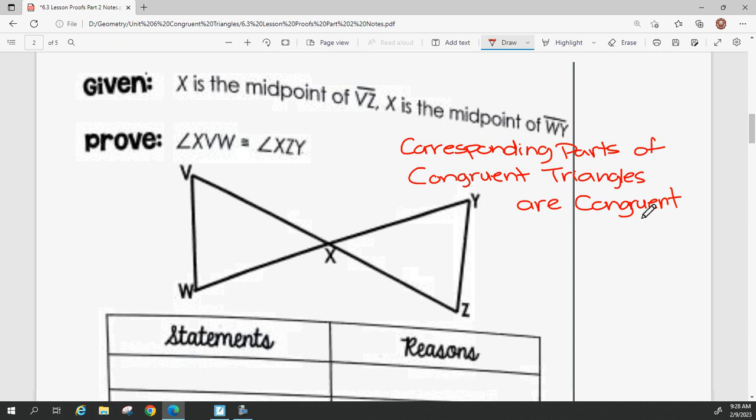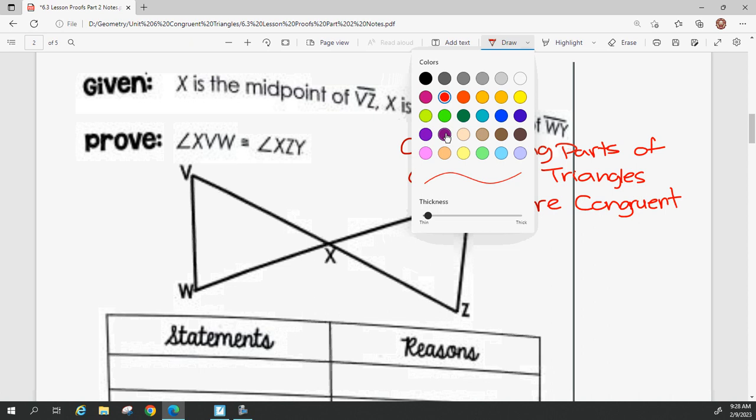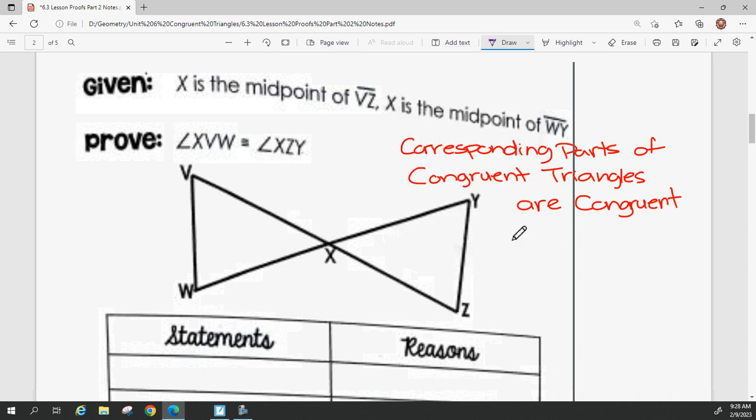This is typically a reason why we can say things are congruent. Rather than writing all of that, we usually just shorten this to CPCTC: corresponding parts of congruent triangles are congruent.